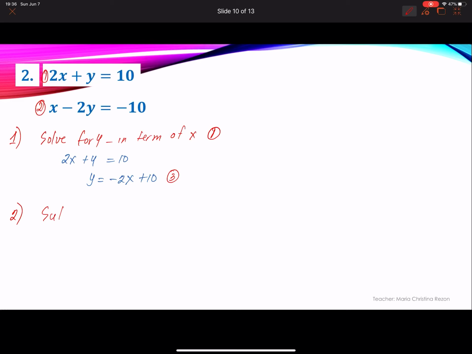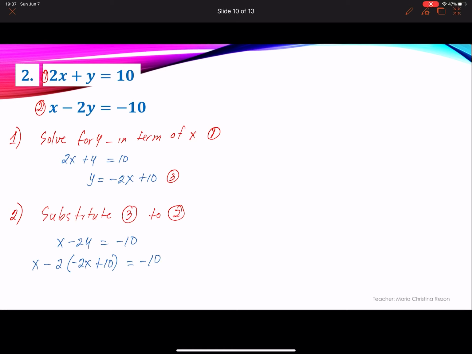Okay? And then after that, the second step that you are going to do is substitute equation 3 to equation 2. So what you will have there is x minus 2y is equal to negative 10. So you substitute this, you will have x minus 2 times your y, which is negative 2x plus 10, equal to negative 10.